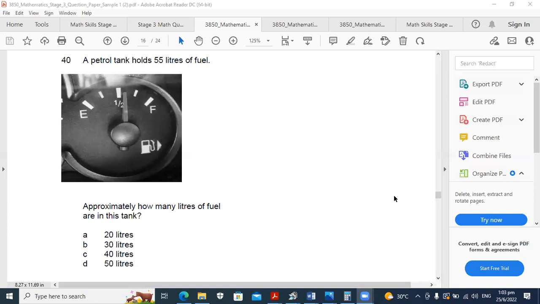Sir, 30. Okay. All right, that would be a good guess if you don't know what you're doing, or you're reasoning it out. So I'm going to say the tank of 55 is like 27.5, and then we just look for the one closest to that. It would make sense because this is a little bit more than half the tank. When the tank is full at 55, half of 55, as you said, is what? 27 and a half.